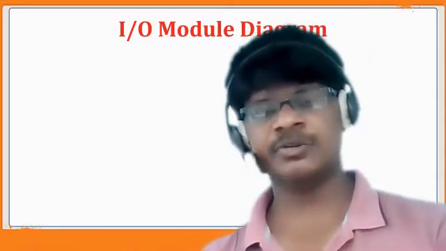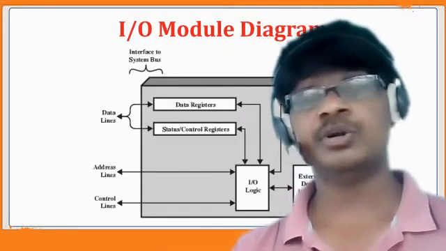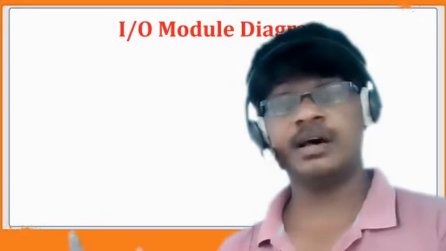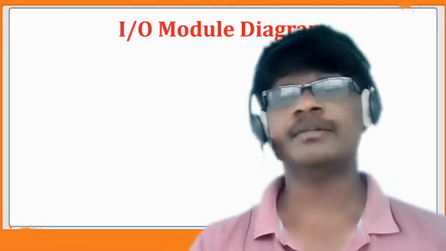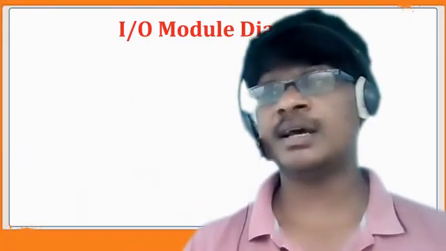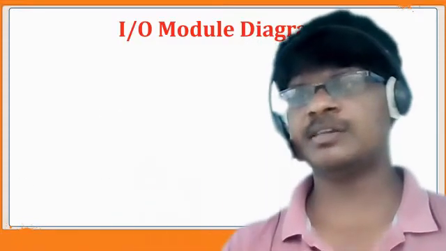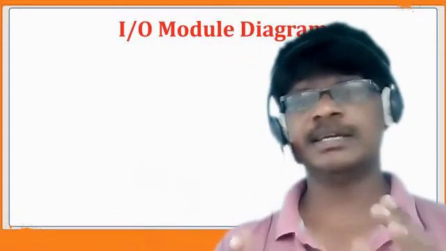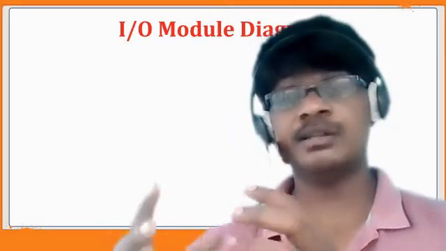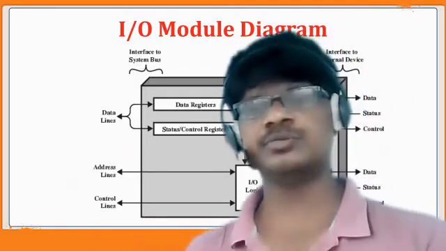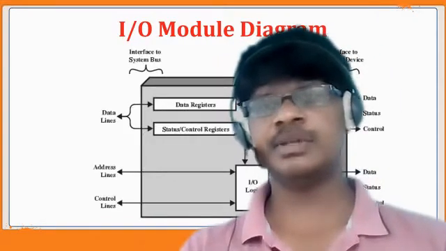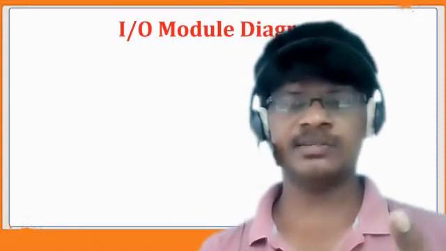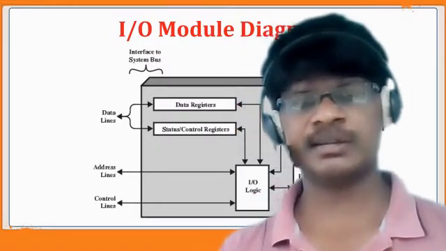And the control and status register will tell you what is the status, what kind of data are stored in the data registers. The I/O logic determines where the data is and what the data is, what it has to do. If it is the arithmetic and logic unit, it will transfer those data to the CPU. Yes, we have to do this process, and it has external device interface logic. We have the external device interface logic, we have these control lines, we have the address lines. So this is the I/O module block diagram.